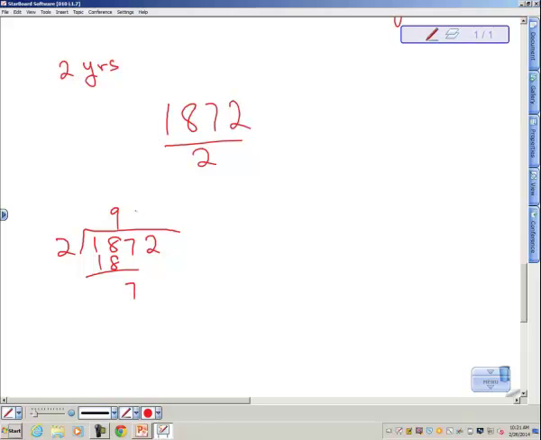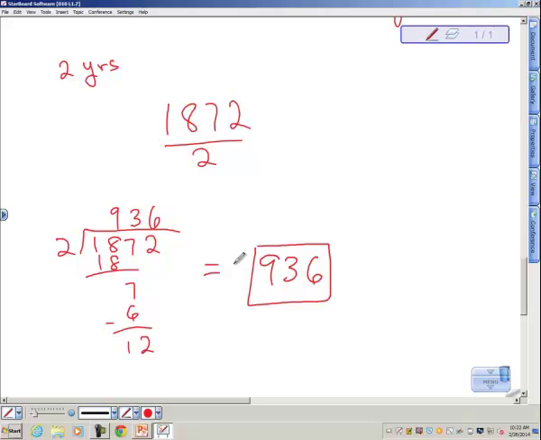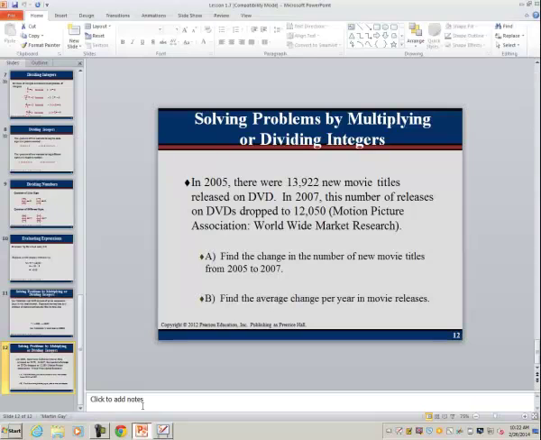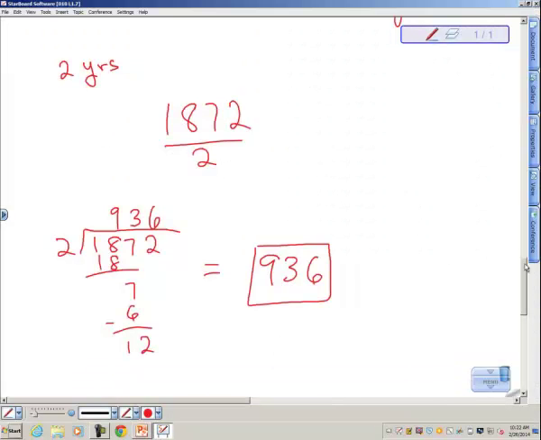And so 7, that'll be 3, right? 6, that'll be 12. 936 is our answer. Okay? All right. Questions with that? Okay.